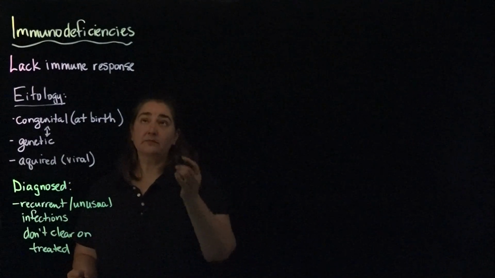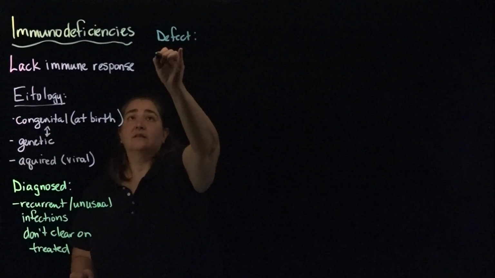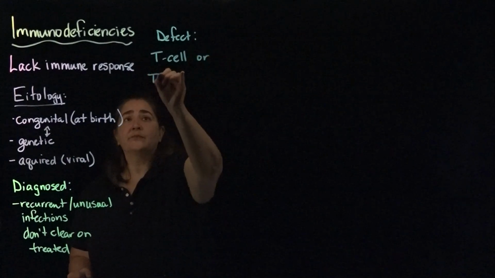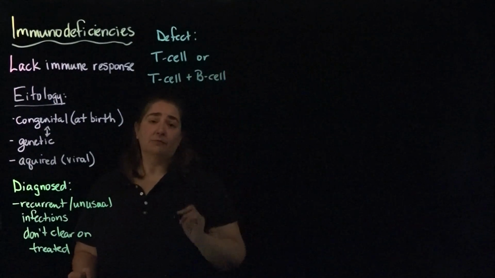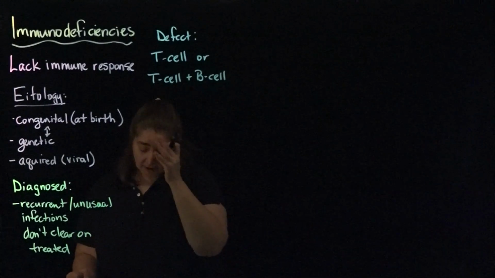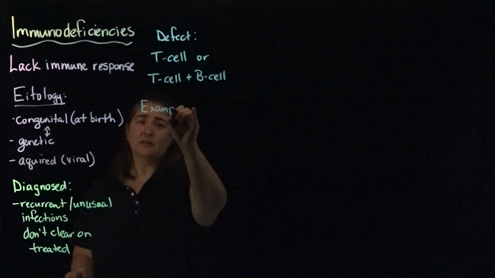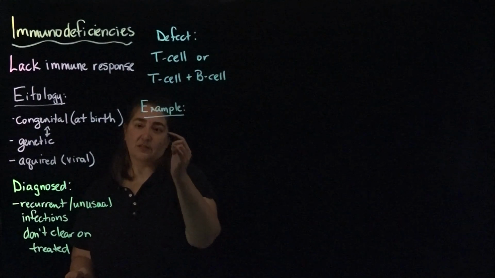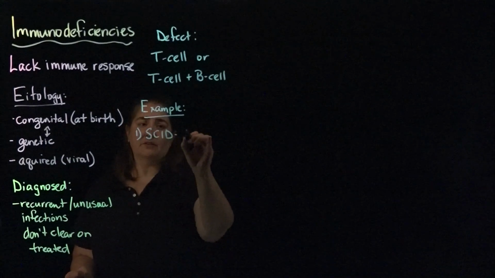So with immunodeficiencies, all right, the defect can be T cell or T cell and B cell related, okay? With our immunodeficiencies, the example that I'm going to give here, I'm going to have two examples in this video, and then the third example I'll have a separate video for, is going to be what's known as SCID, all right?